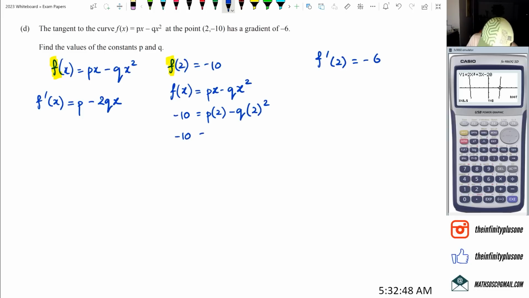So in other words, -10 is 2p minus 4q. So that's one equation.